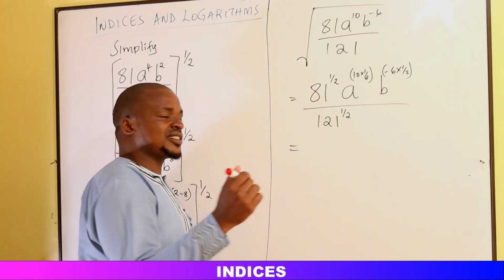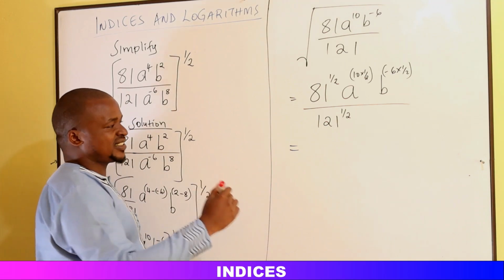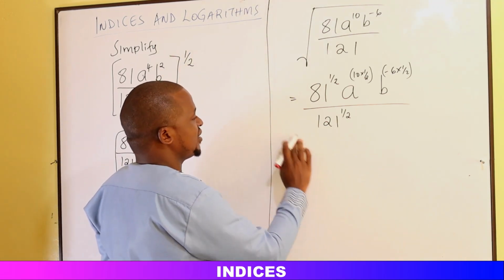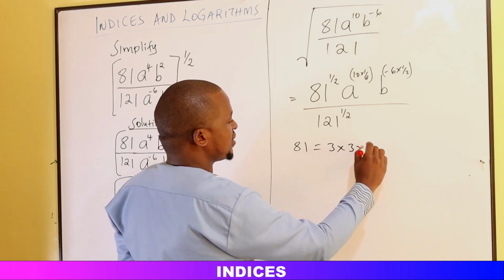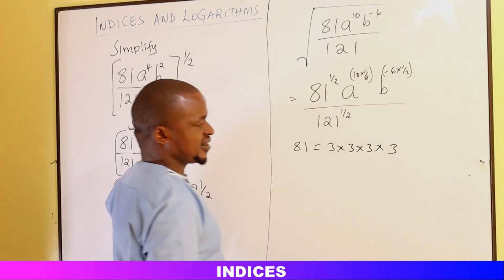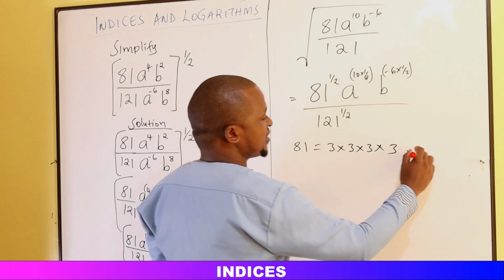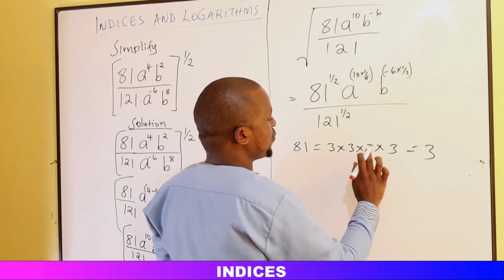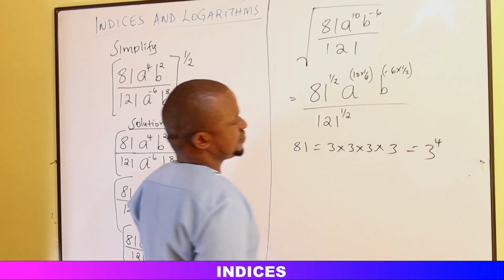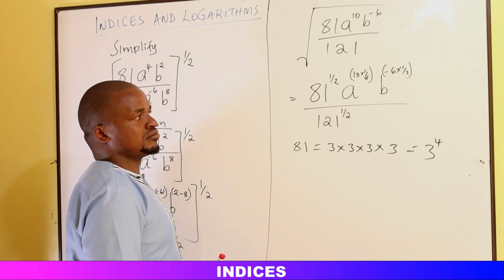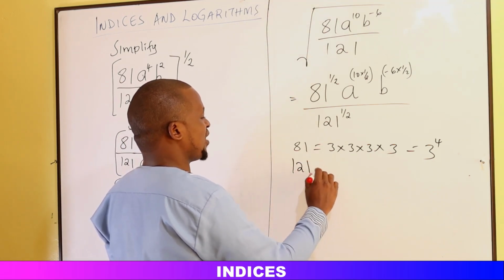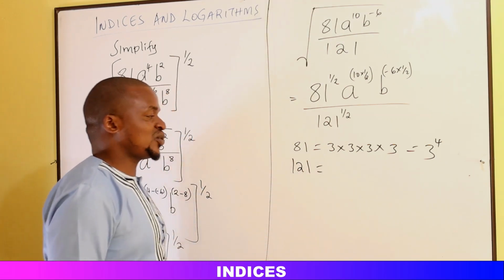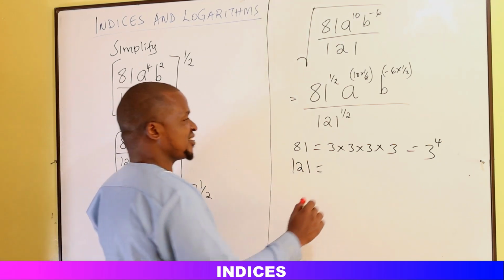Or you can simply do it this way. We express 81 in its prime factors: 3 times 3 times 3 times 3, which is 3 raised to the power 4. Then we also have 121, whose prime factorization is 11 squared.